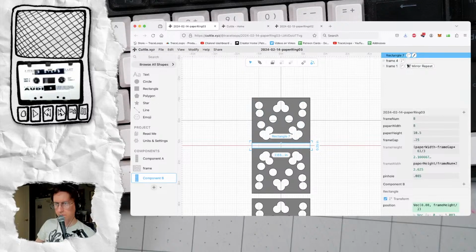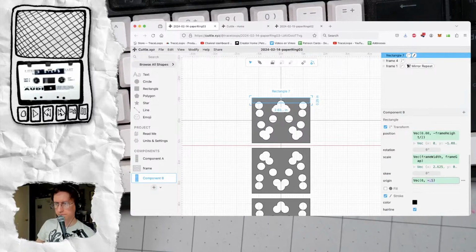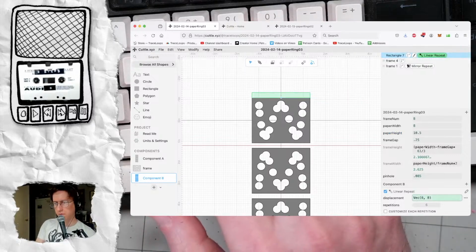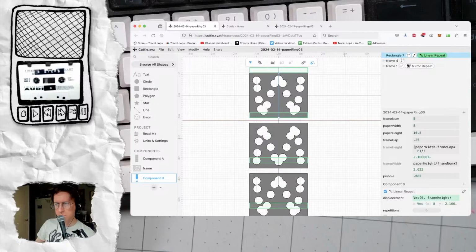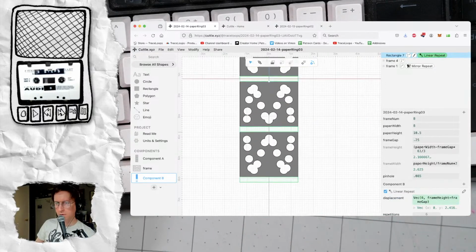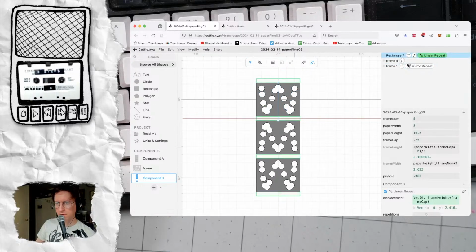I'm just going to modify linear repeat, 0 frame height. And how does this need to be 6?